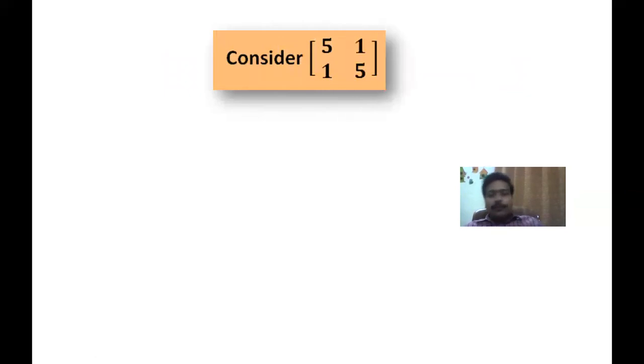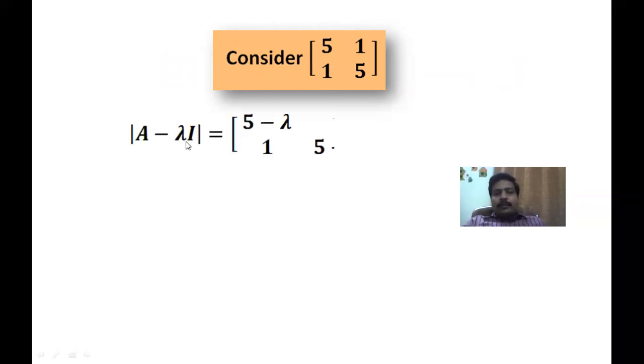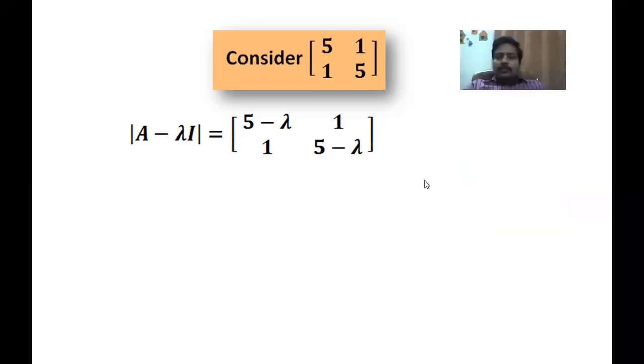Let us consider one more example, 5 1 and 1 5. Let us find out the eigenvalues for this given matrix A. Then A minus lambda I is 5 minus lambda 1 1 5 minus lambda.